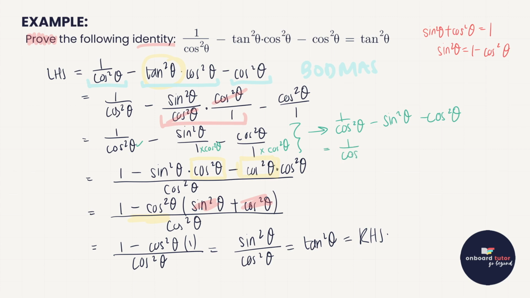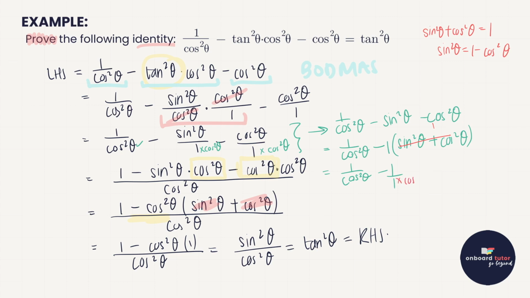So 1 over cos squared theta minus, we're literally just going to take out a minus 1, or just a minus, and then this becomes sine squared plus cos squared. And so that, we know, is just equal to 1. So this becomes 1 over cos squared theta minus 1. And now my advice is, because you're dealing with a fraction there, make them both fractions.